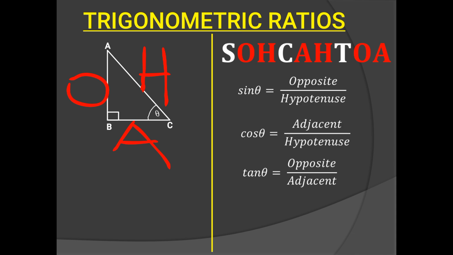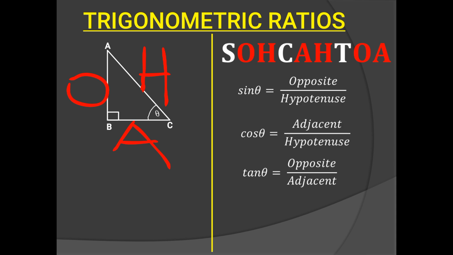But let's not move much into that, because some students get confused when you say the line the angle is sitting on, because they look at the hypotenuse. Theta is touching the base and the hypotenuse, so some people might think it is the hypotenuse.